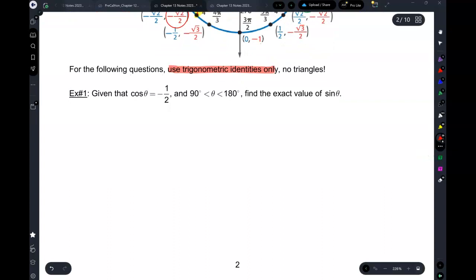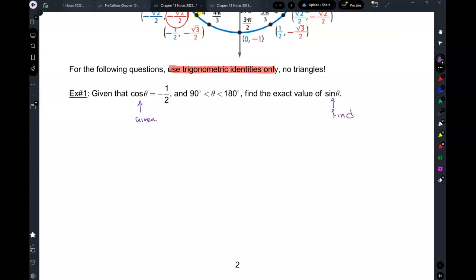For these, always determine what you have and what you need. So what am I given here? We're given that cosine of theta is some number, so this is what I'm given. Find the exact value of sine of theta. This is what we need to find. Now, I'm given one other piece of information, that theta is between 90 and 180.